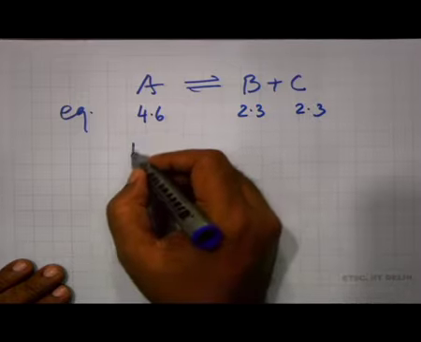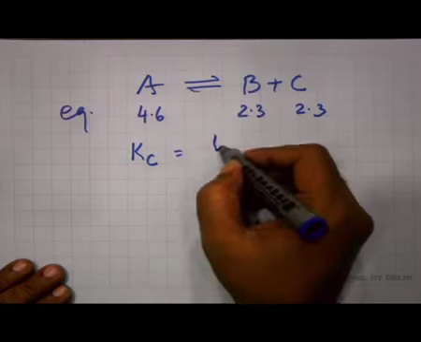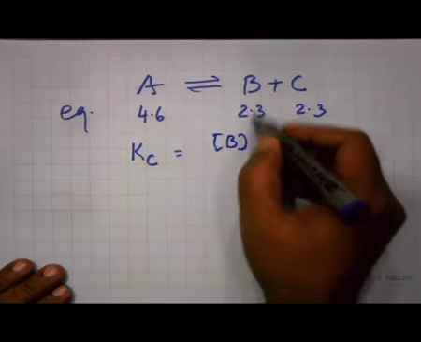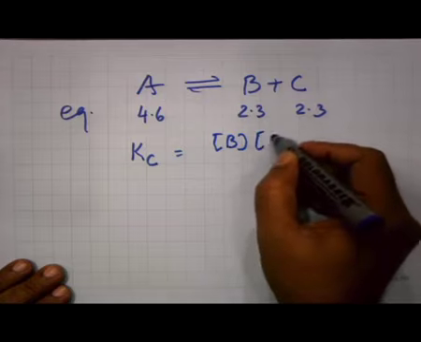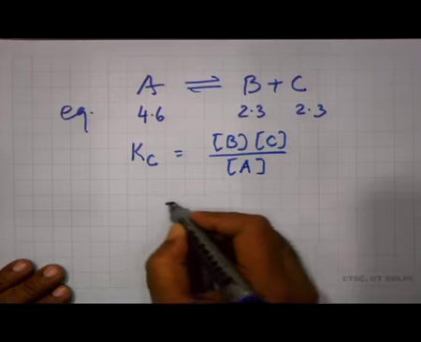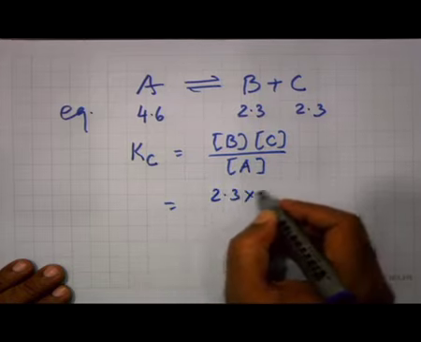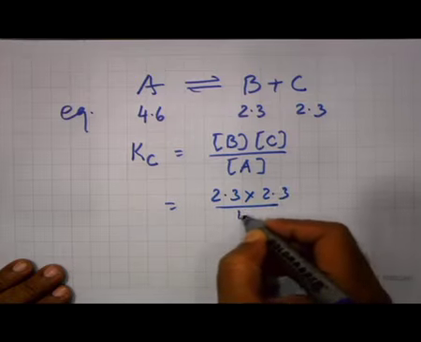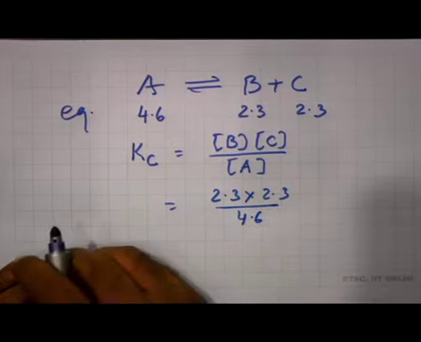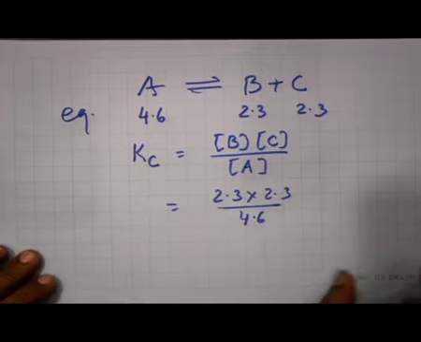So, the value of Kc will be what? Simply the concentration of B into C divided by A, which is quite simple to calculate: 2.3 into 2.3 divided by 4.6.